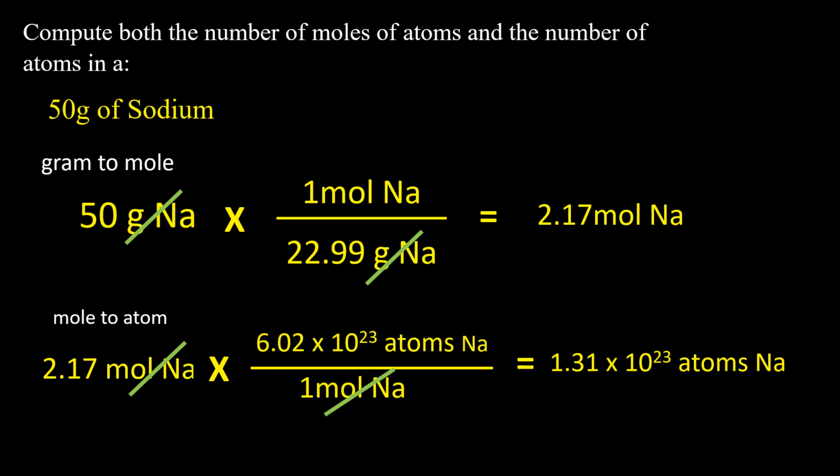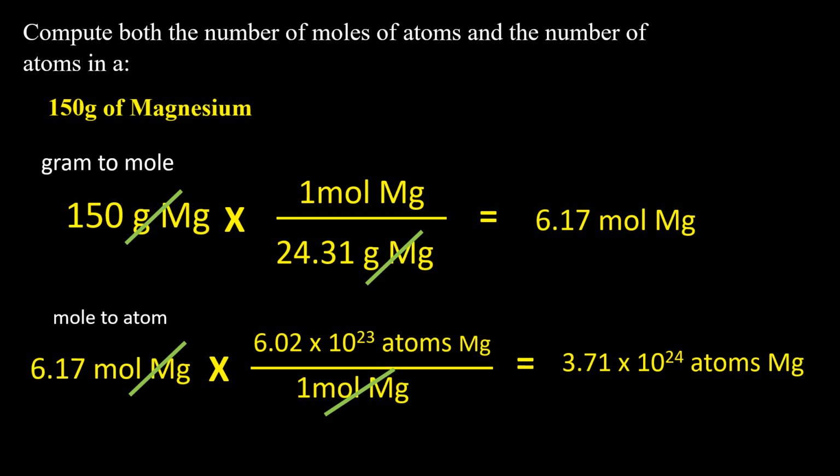For the last example, for the 150 grams of magnesium, we have 6.17 moles. And it is also equal to 3.71 times 10 raised to 24 atoms.